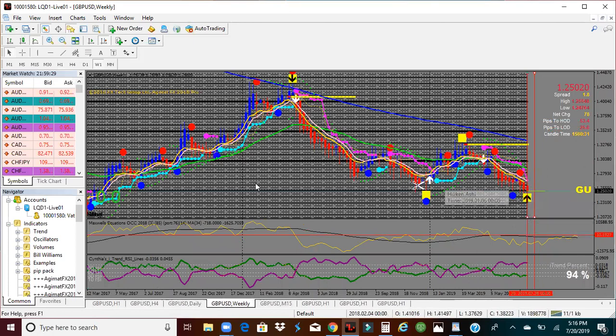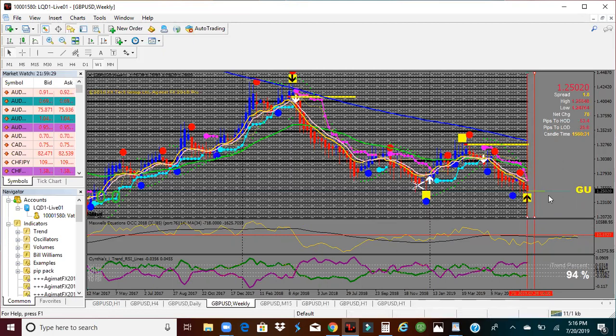Now, if you want to take it a step further, you can put the monthly chart up and also watch the monthly chart. I take a look at the weekly chart because I need to distinguish the weekly trend for the overall entire week. Here we're looking at the weekly chart, and I see that we have a buy signal, but this buy signal on the weekly chart is not valid until we make multiple confirmations.